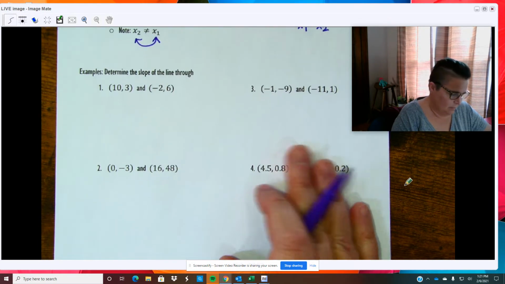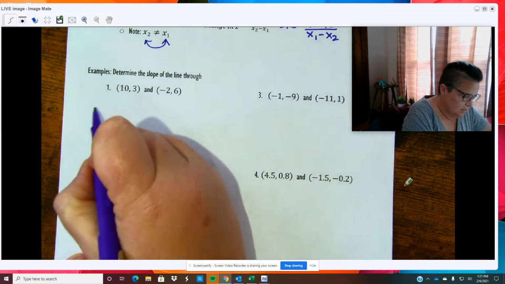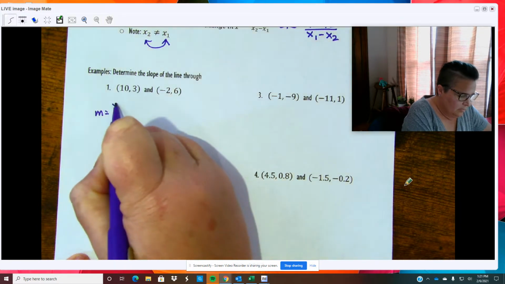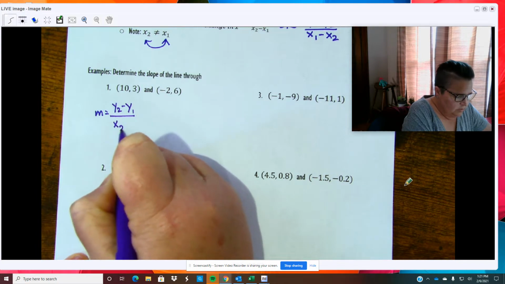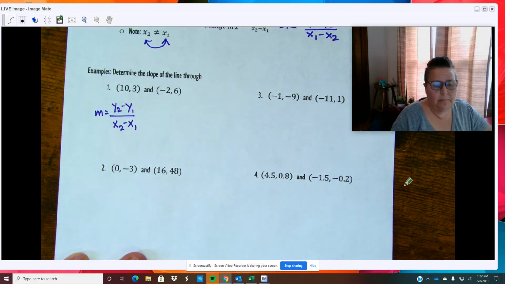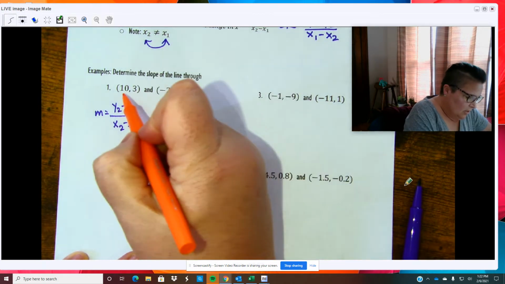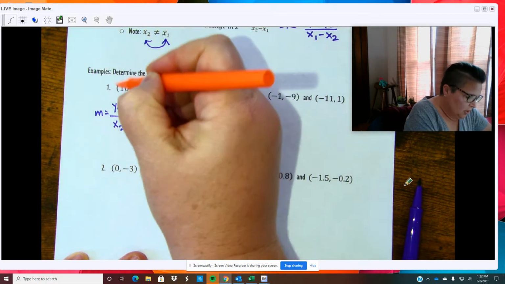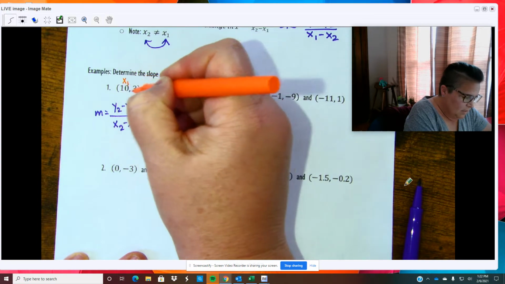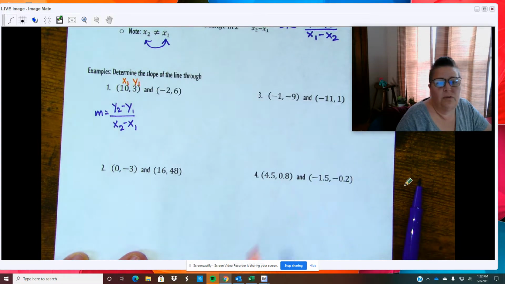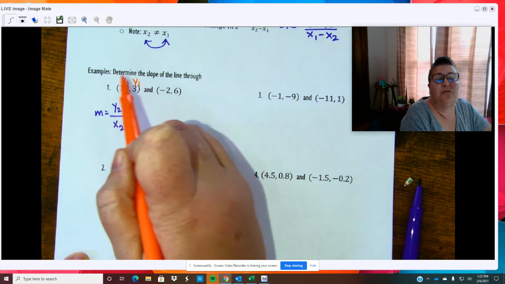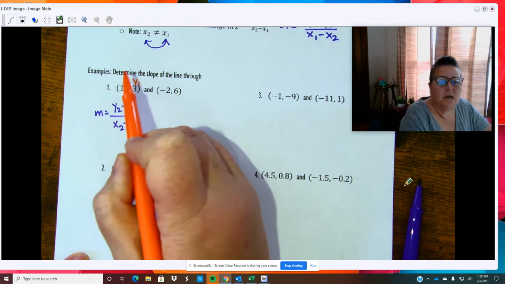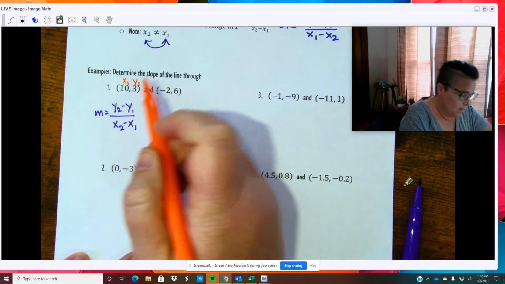I have several examples down below here. Our slope is y sub 2 minus y sub 1 over x sub 2 minus x sub 1. To delineate which is which, I'm going to come up here and in orange, I'm going to write an x sub 1 here, y sub 1 for the 3. So this is point xy. Since it's first, since it showed up first, I'm going to call it x1, y1.